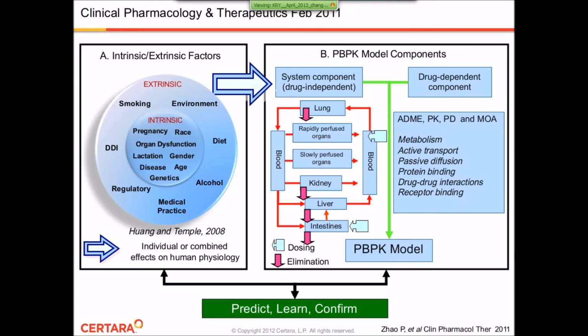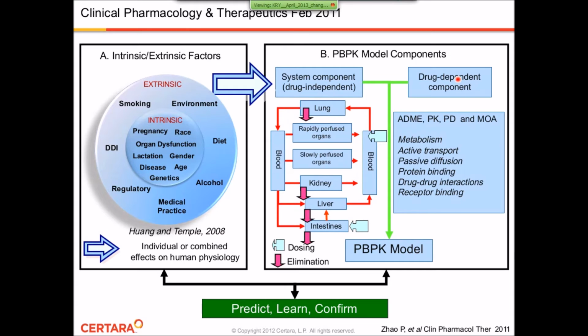The reason this is important is that if I go back to this slide, what we're trying to do is look at the impact of intrinsic and extrinsic factors on PBPK models. In this particular case, we have developed a PBPK model for repaglinide. We've specified what the drug-dependent components are, and we've built in the system components.